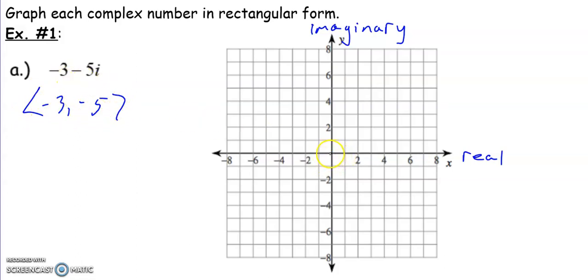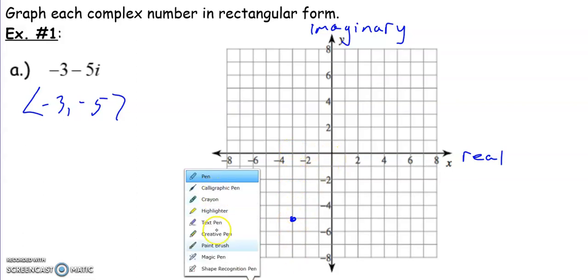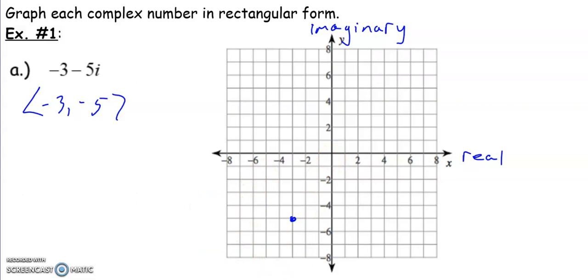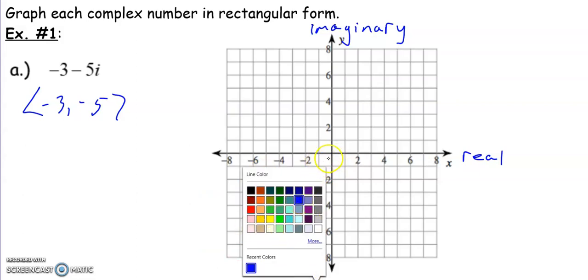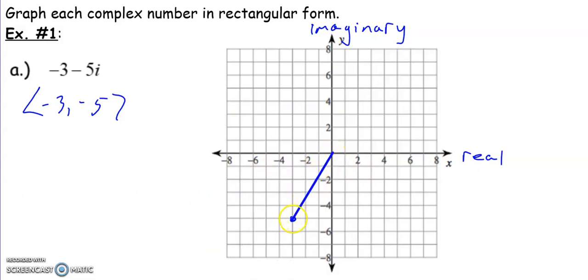That means we're going to go left 1, 2, 3, and down 1, 2, 3, 4, 5. We are looking at this vector. Oops, I like straight line tools. Boom, right there. That is the graph we're talking about.